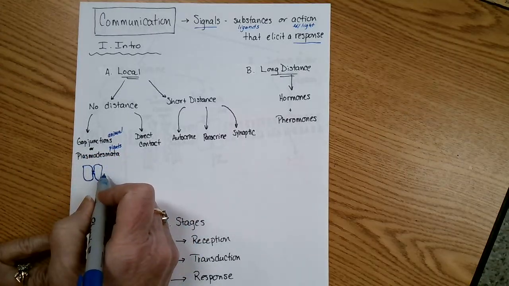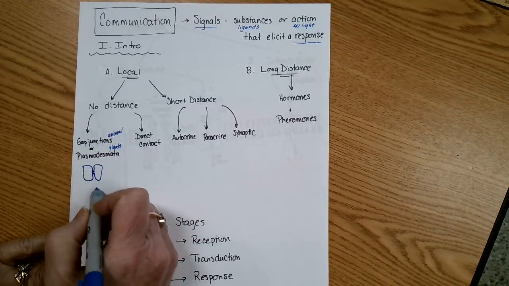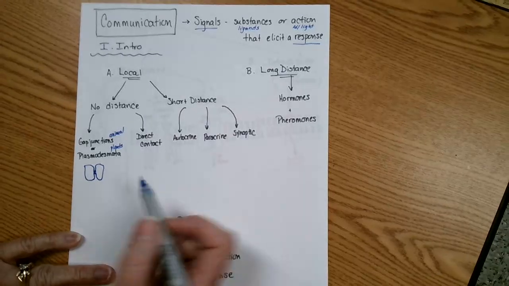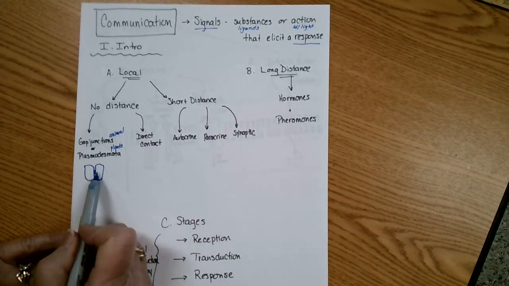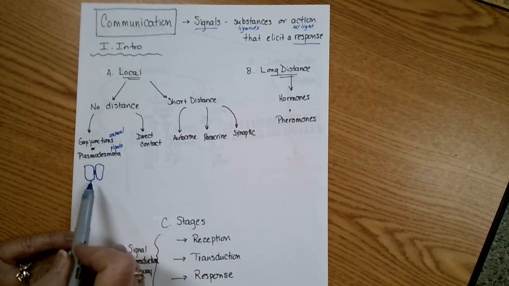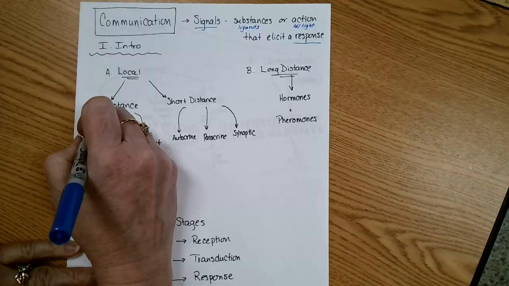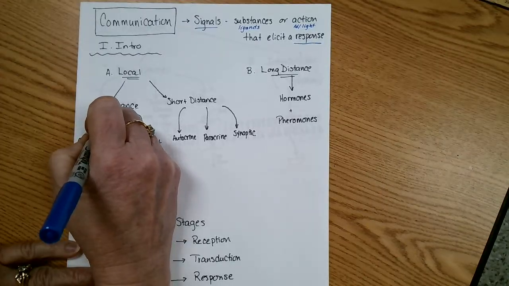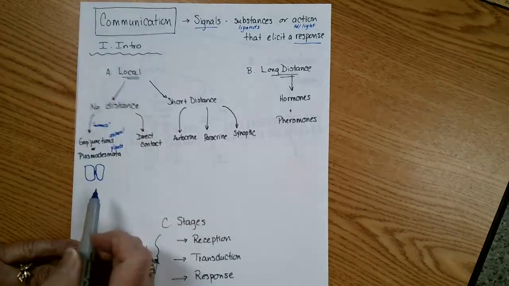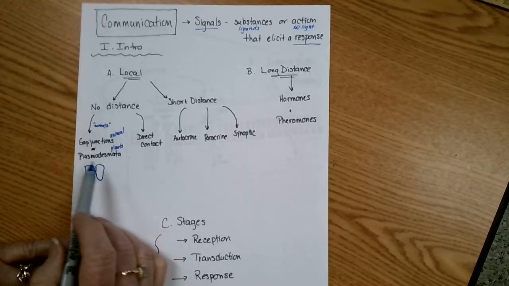It's a gap junction if these are animal cells, but if there's a cell wall, obviously it's a plant cell. So cytoplasm is going to exchange information between these two cells via that little tunnel, so to speak. I like to call these the tunnels between one cell and another. And so they can exchange information that way.